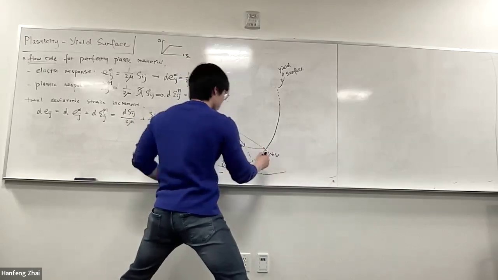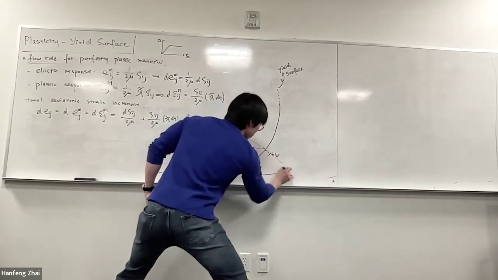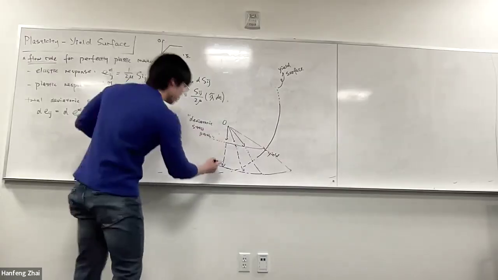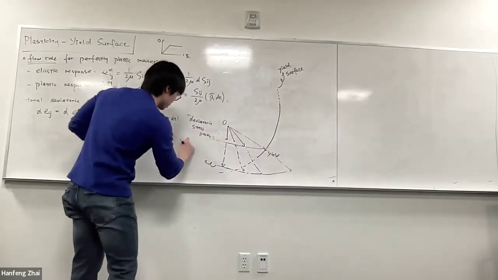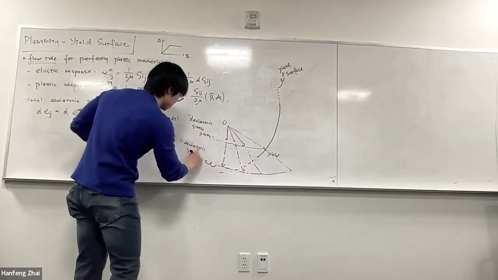So the moment you reach the yield point, before you go beyond it, it is still proportional. So if this is the deviatoric stress path, we can call this the deviatoric strain path.